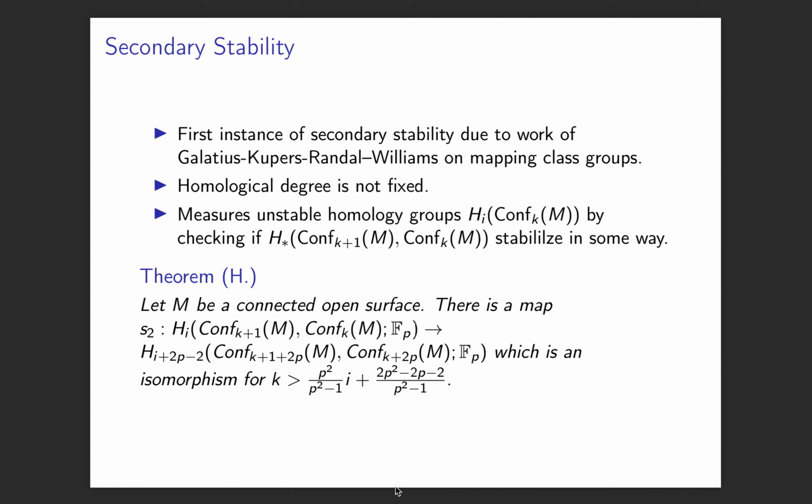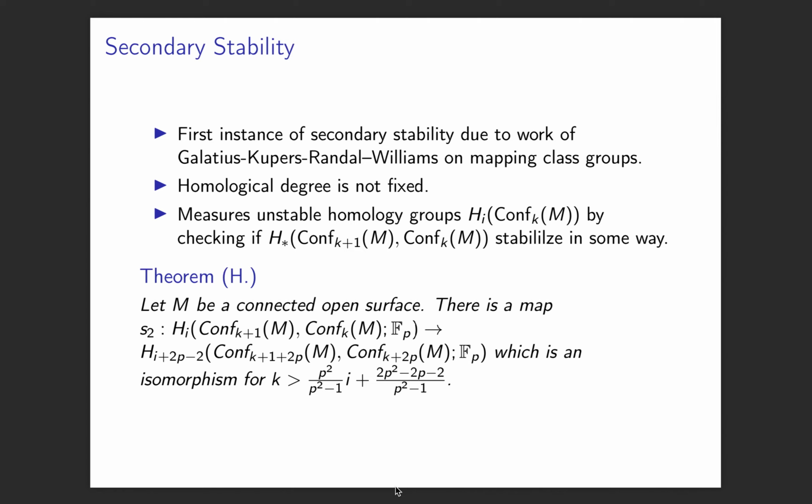Unfortunately, I don't have a lot of time to say more about secondary stability, but one result I have that could be described as secondary stability is the following. Let M be a connected open surface.